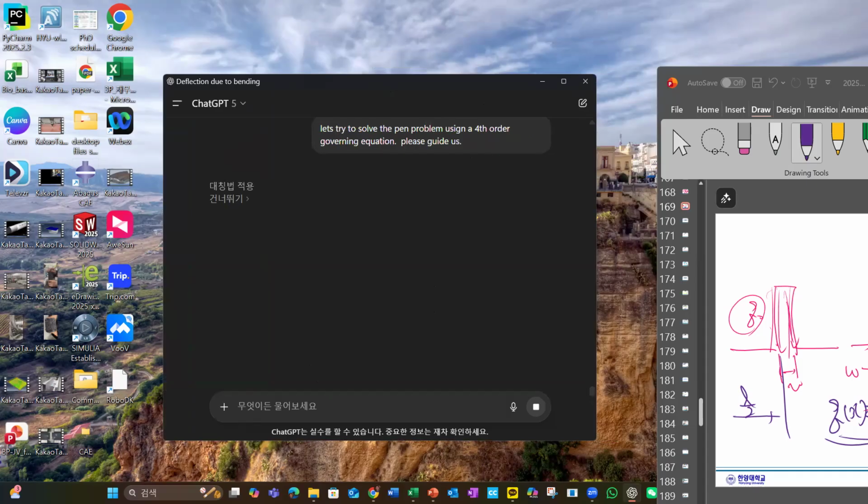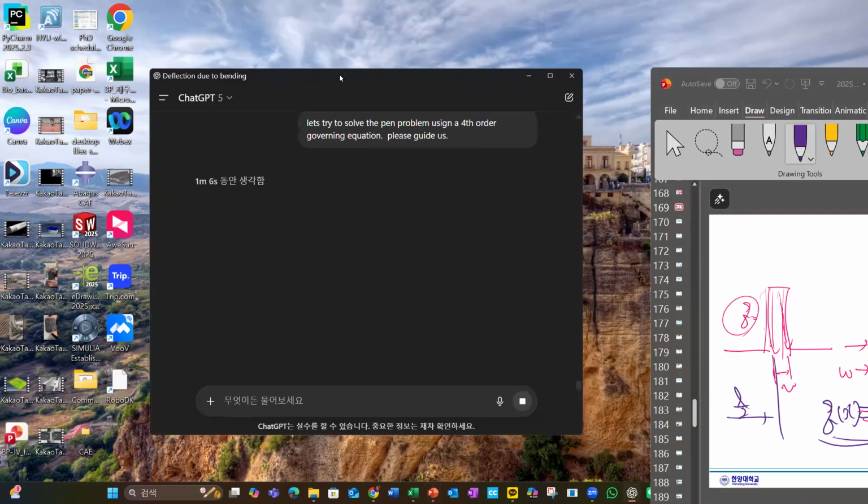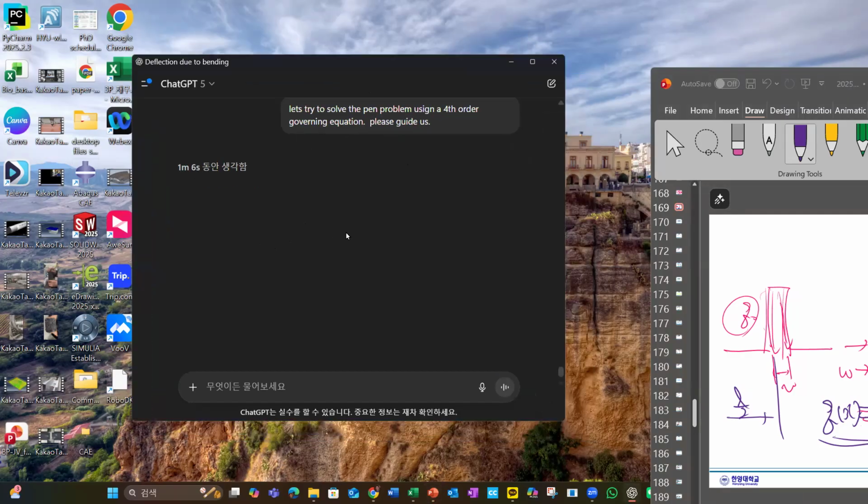The reason I'm emphasizing the fourth order equation is that now all you need to do is express any load using Qx and then apply the four boundary conditions. Then all you need to do is the mathematical solution, and you will get it. Well, it takes some time, more than 1 minute.